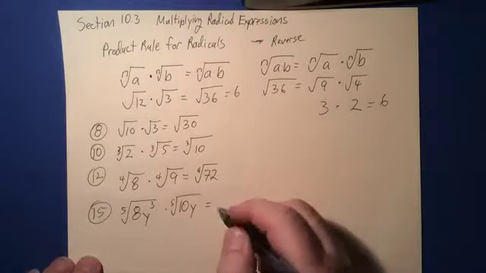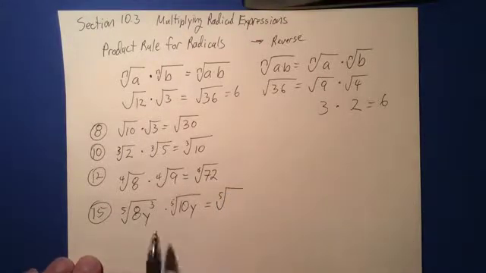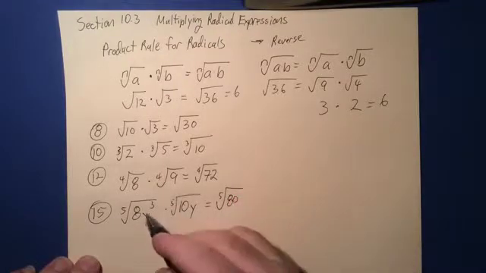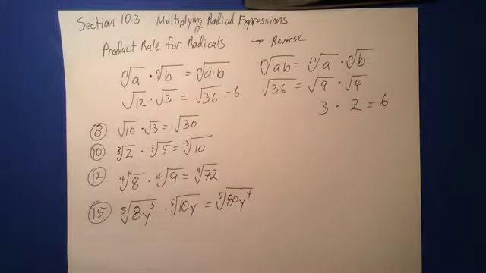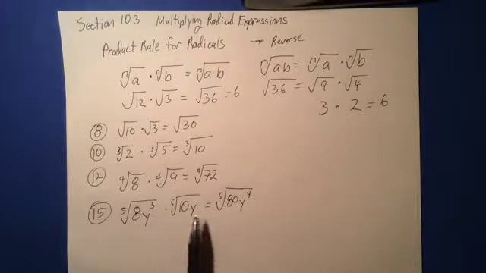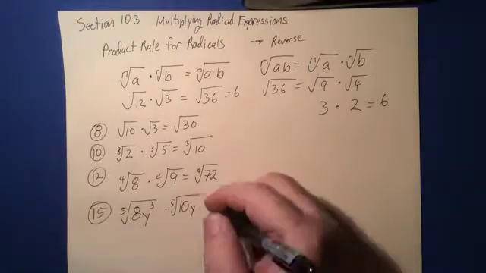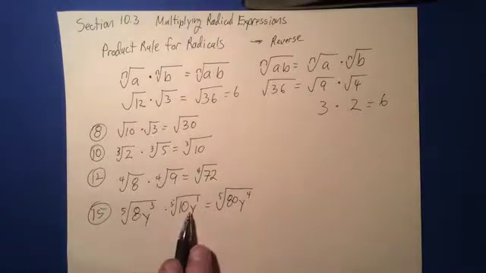All we're going to do is write down the fifth root again here, and this is going to be 8 times 10, so that's going to be 80. Y to the third times y would be y to the fourth. So we perform multiplication here like we would any time by simply multiplying the numbers together and then applying the rules of exponents that we learned. When we have y to the third times y to the first, we add the exponents together to get y to the fourth.